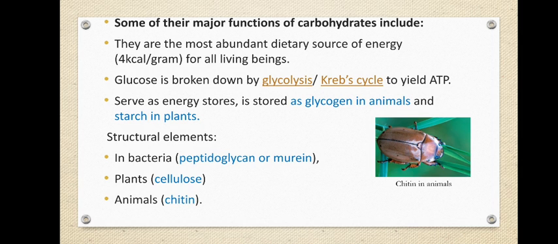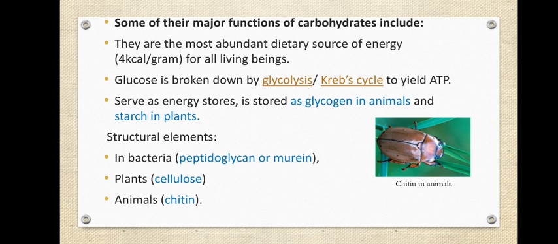Now let's summarize the different functions of carbohydrates. They are the most abundant dietary source of energy. 4 kilocalories of energy are generated by a gram of carbohydrate, and glucose is broken down during glycolysis and the Krebs cycle to give ATP during oxidative phosphorylation. It also stores energy in the form of glycogen in animals and starch in plants.